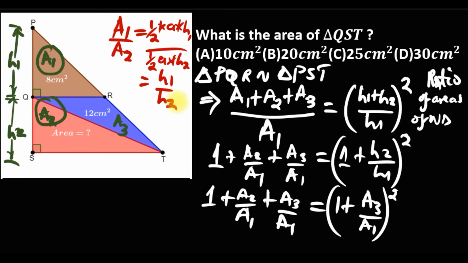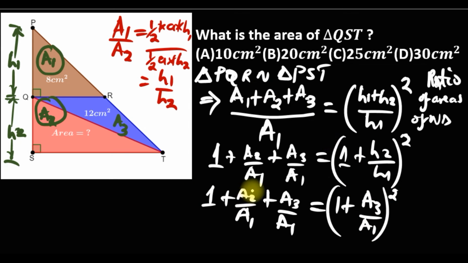Triangle PQR with area A1 and the triangle with area A3 have a common base QR. So the ratio of the areas is the same as the ratio of the heights, but they gave us the height here, so we can replace it with area. So H2 over H1 is the same as A3 over A1. That was why I had to replace this with that.